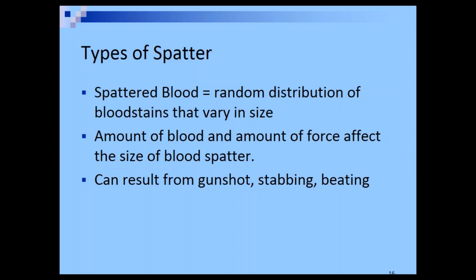What the debate was is whether he was, as he claimed, far away from her while she shot herself, versus what the prosecutor was claiming, that he was very close to her while he had the gun and pulled the trigger.